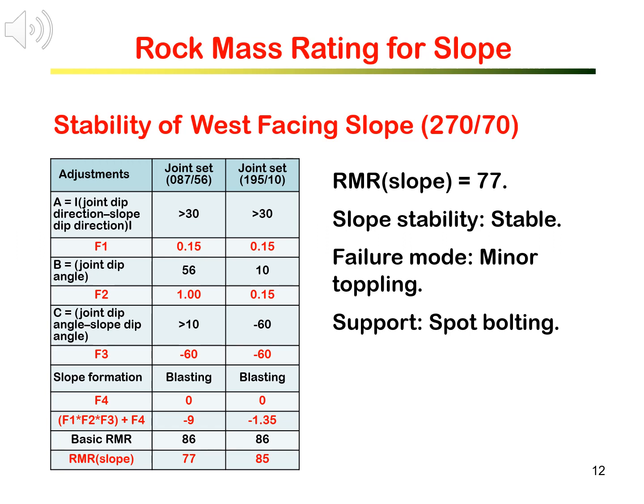IMR slope for this west-facing slope then becomes 77. It is 86 minus 9, which represents good rock mass quality. The slope is generally stable with some possible minor toppling. Support recommendation is spot bolting.